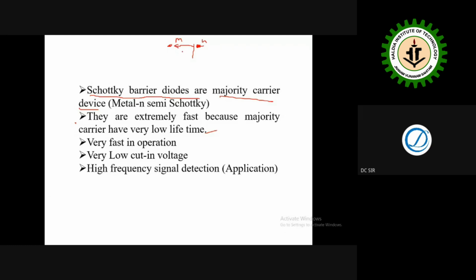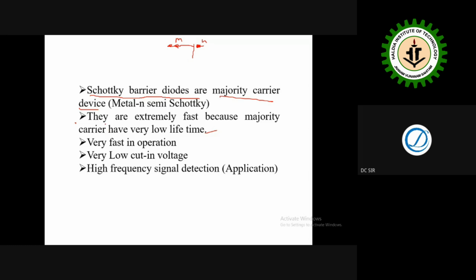So in this case, the current equation is determined not only by the Schottky current equation; thermionic emission is also involved. We will discuss that later.